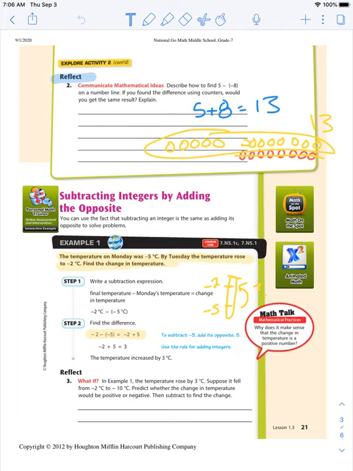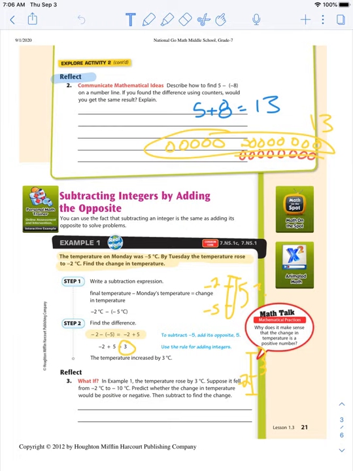And now if we set it up that way on a number line, we start at negative 2 and then we move 5 units up. We're going to end at positive 3. The temperature increased by 3.